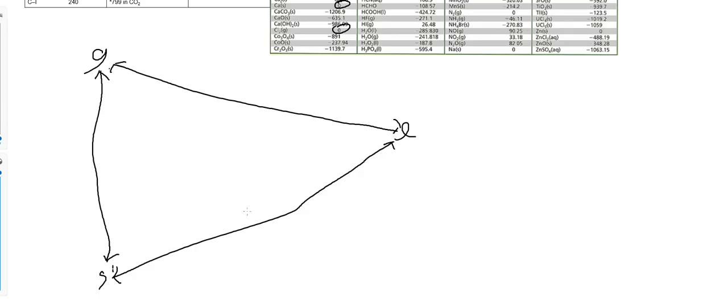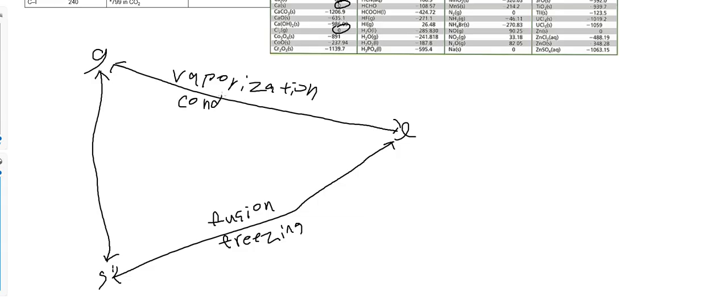So, solid to liquid is called fusion. Liquid to solid is just called freezing. Liquid to gas is called vaporization. Gas to liquid is called condensation. Solid to gas is called sublimation.